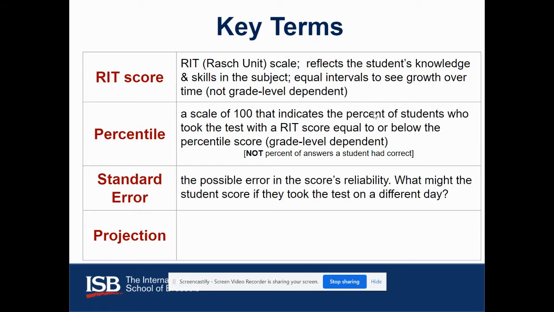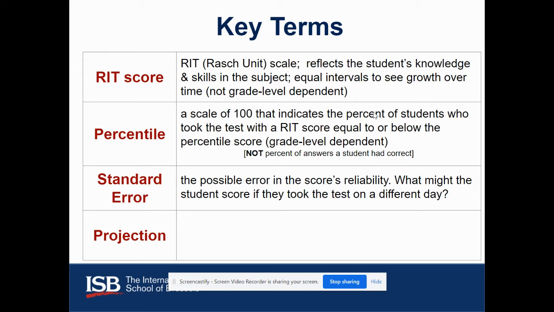Next is standard error. Standard error is a statistical tool that helps us understand how reliable the test scores are. You've all had the experience of walking out of a test and kicking yourself for missing a question you actually knew the answer to. Our performance on any given day and time depends on so many different things.